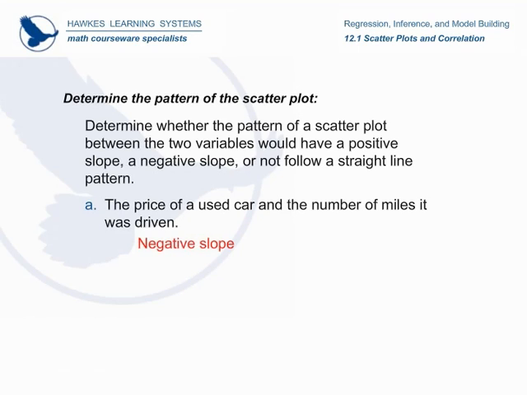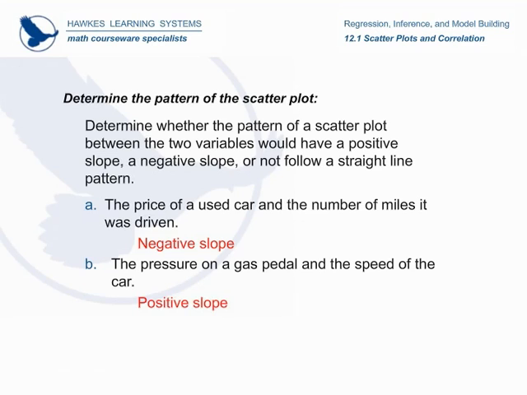We would think that would be a negative slope because the price of the car would go down as the number of miles increased. For B, the pressure on a gas pedal and the speed of the car. In this example, as we press the gas pedal, the car would speed up. So that would be a positive slope.